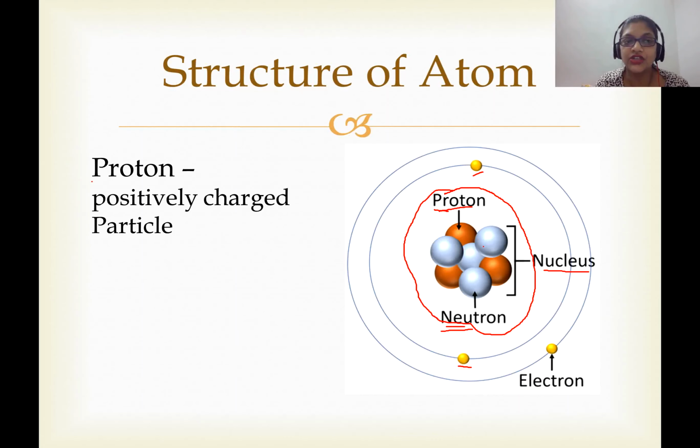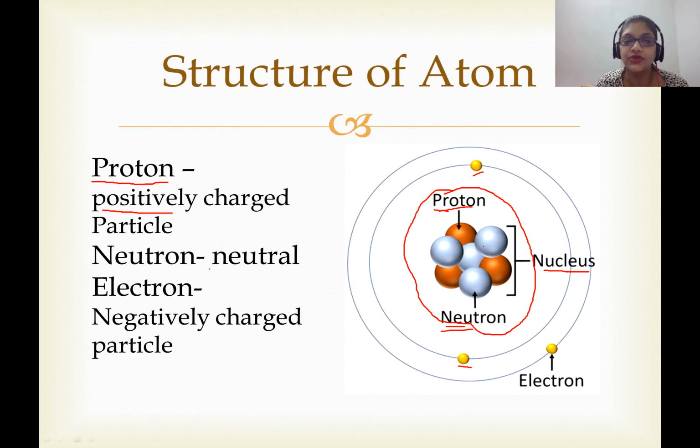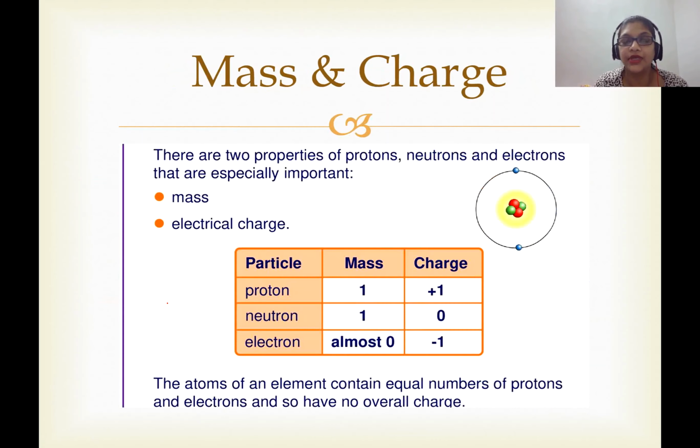Now what are the charges of these particles? Proton is a positively charged particle. Neutron is neutral, it carries no charge, and electron is the negatively charged particle. So what happens when any atom, irrespective of the type of element, contains the same number of protons and electrons?